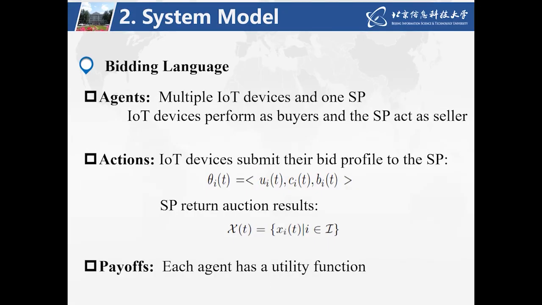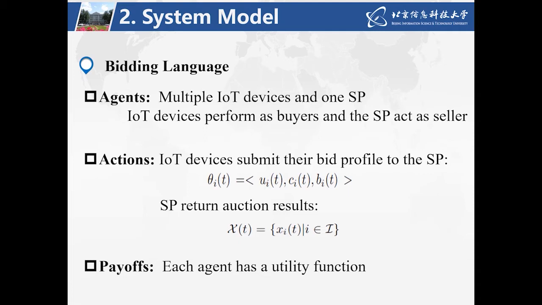On this page, we will introduce the bidding language in our auction mechanism. In this system, each IoT device can be considered as an agent to compete for the limited resources. So the agents include multiple IoT devices and a service provider.